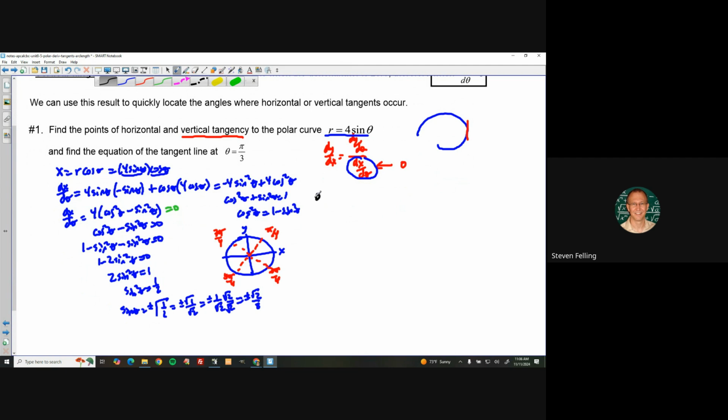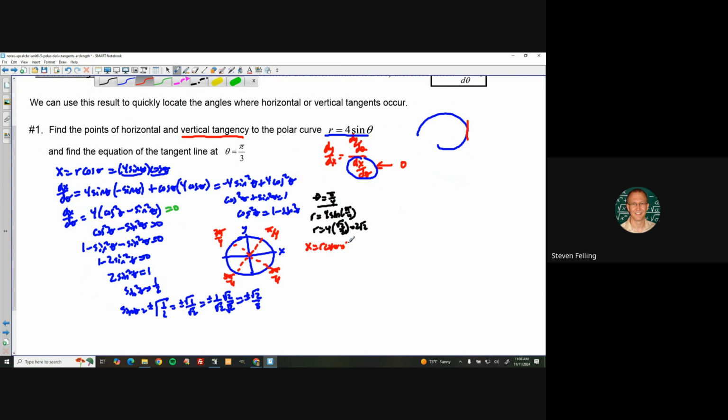So first, if theta is pi over 4, then we should be able to find the corresponding r for that. r is 4 times the sine of pi over 4. So that would be 4 times the square root of 2 over 2, which is 2 square root of 2. Okay? And if I want the xy coordinates of that, the x would be r cosine theta.